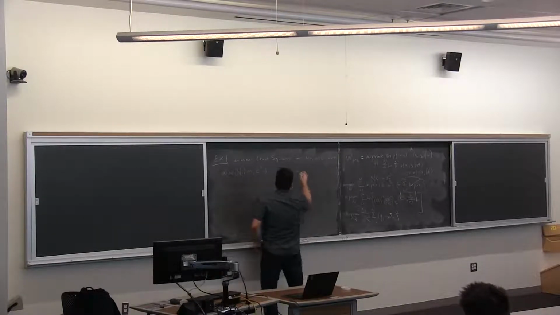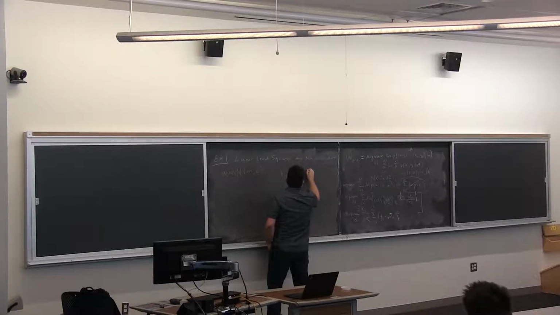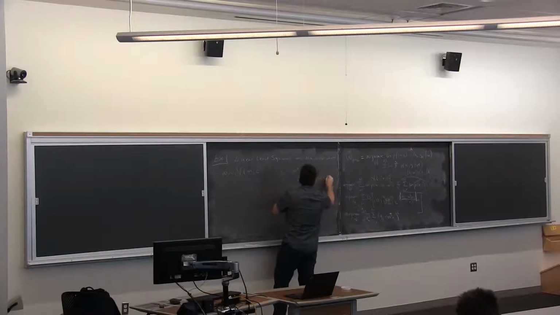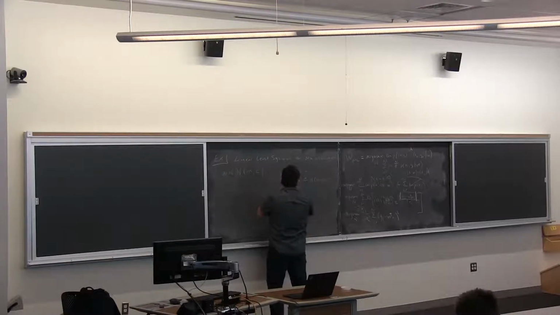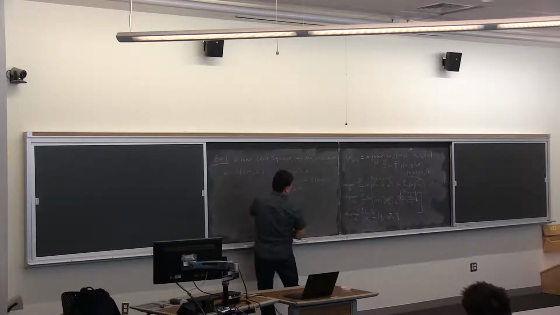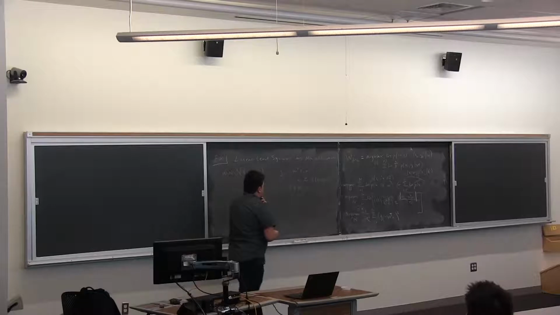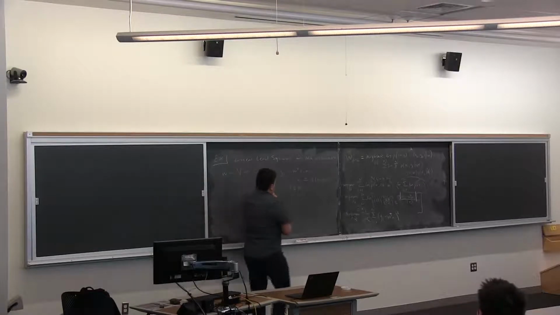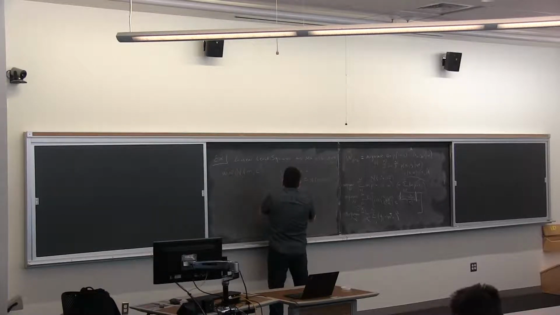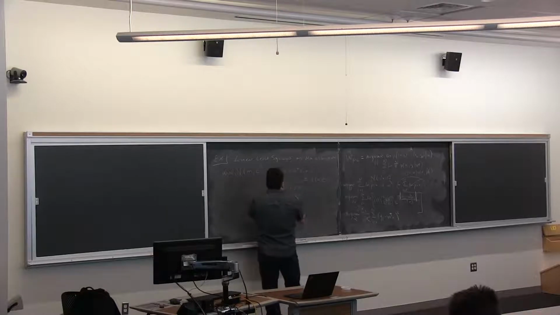So let's look at the linear model. And then xi is drawn from whatever PDF, I don't care. And that's it. So everything is independent.